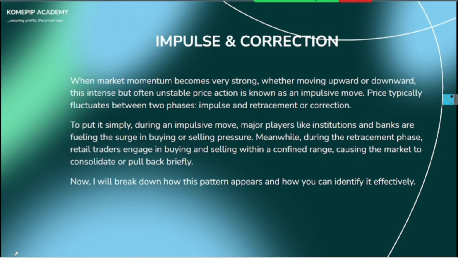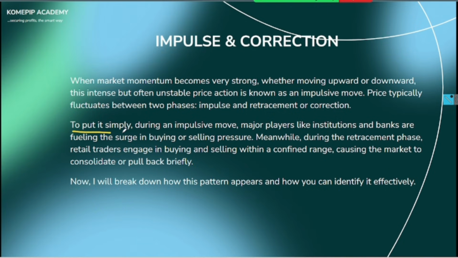If price is bullish, you will notice that the price action that pushes up like this will be high. The ones that come low will be very slow. The one that pushes like this will be strong. The one that retraces will be slow. This is exactly what we mean. So the ones here are impulsive, while the ones that retrace back are the correction.